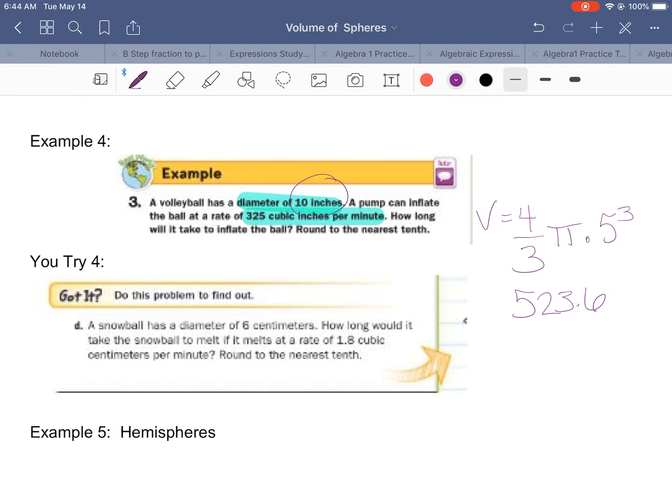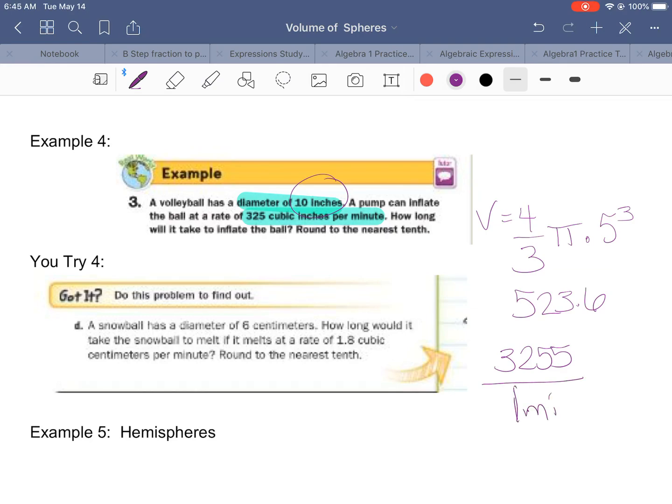Now we have to do a proportion to figure out how many minutes it will take to inflate the ball. Okay, so 325 is what they tell us it takes to do 1 minute.